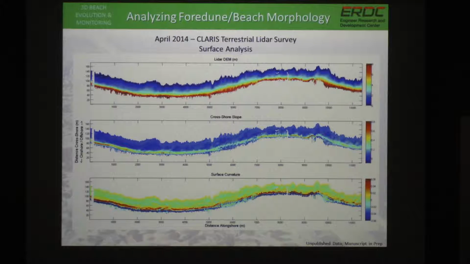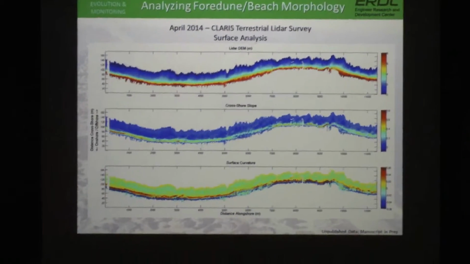So the next thing I did was look at your surface curvature. What this is doing is treating it really as a surface instead of just a cross-shore transect. You go to each point and you look at a little box around that point and you calculate your curvature between that point and the points diagonally and perpendicularly above and next to it.